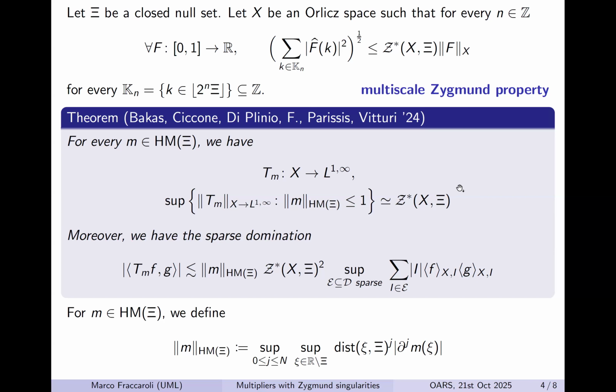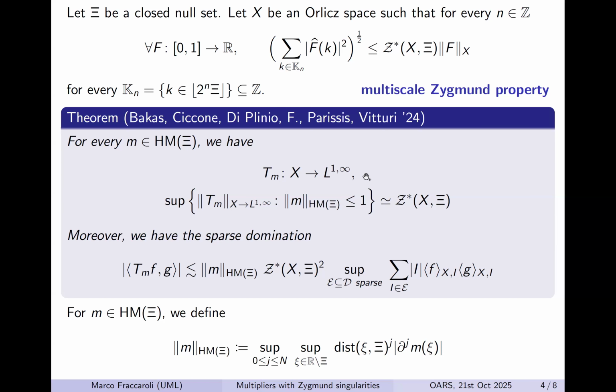Sorry, what I really meant is, why should we be interested in these multiplier classes? Well, that's a good question. I cannot provide you an example of such a multiplier appearing in other contexts.